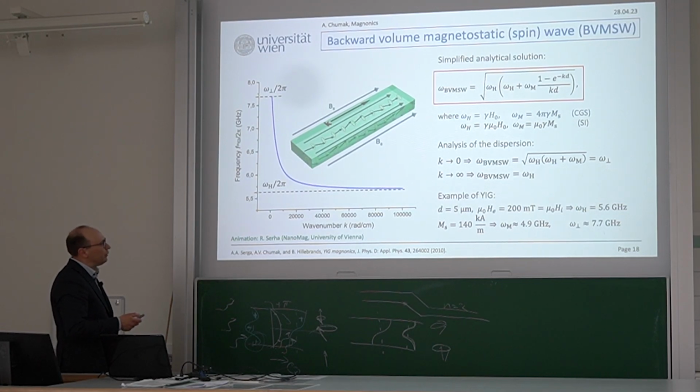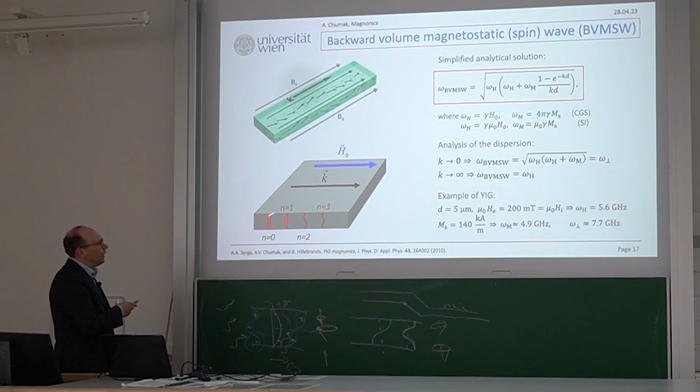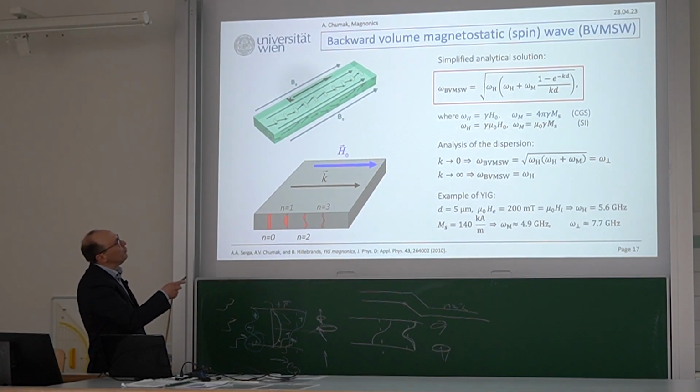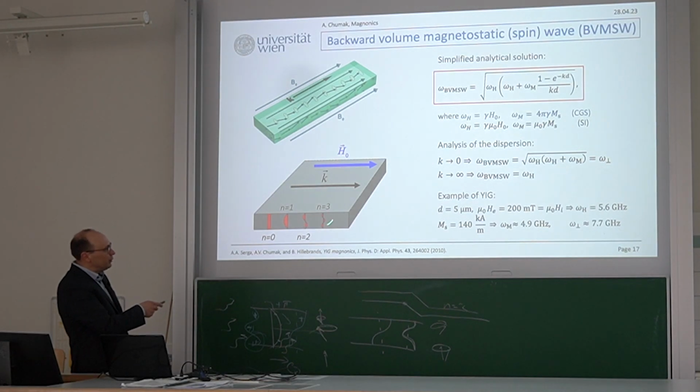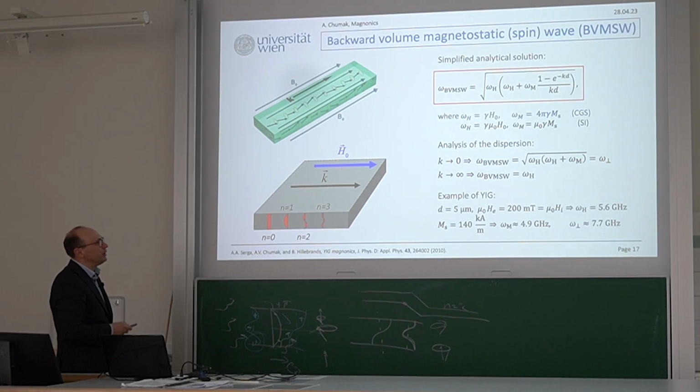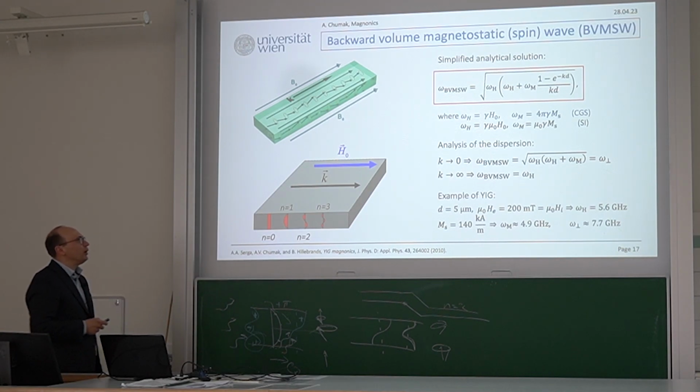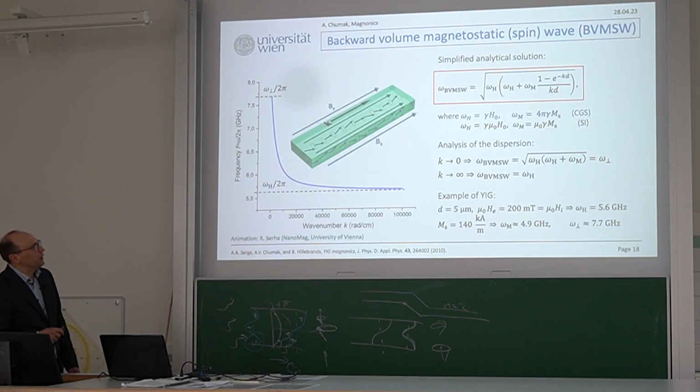Yes, and again, you have, of course, higher order backward volume waves. Volume means that you have a harmonic distribution over the thickness, so the wave is inside, and usually it's a harmonic distribution, some sine or cosine. Exactly like the forward volume wave, we do have higher order thickness modes, like it's shown there.